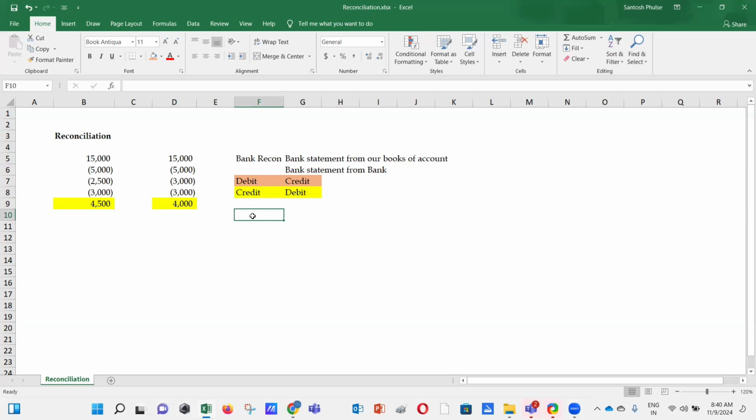If you are going to do the reconciliation with the vendor statement, that's also going to be the same.